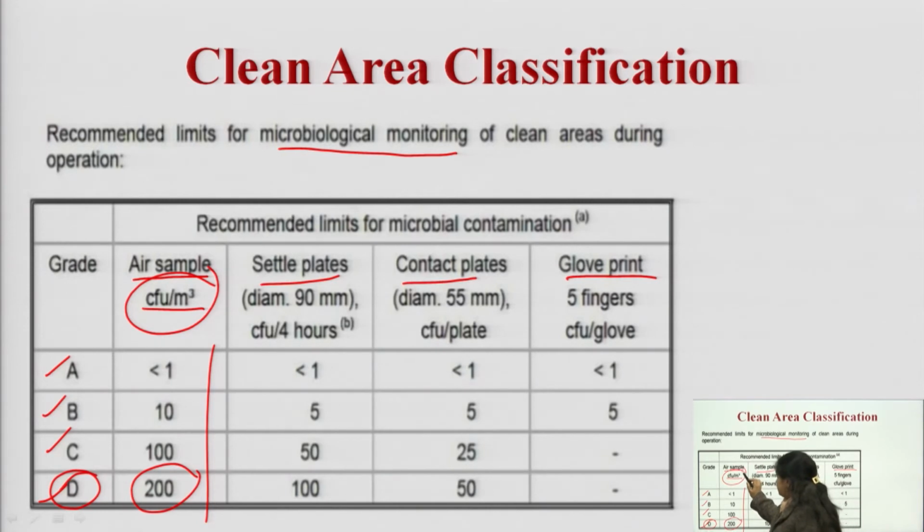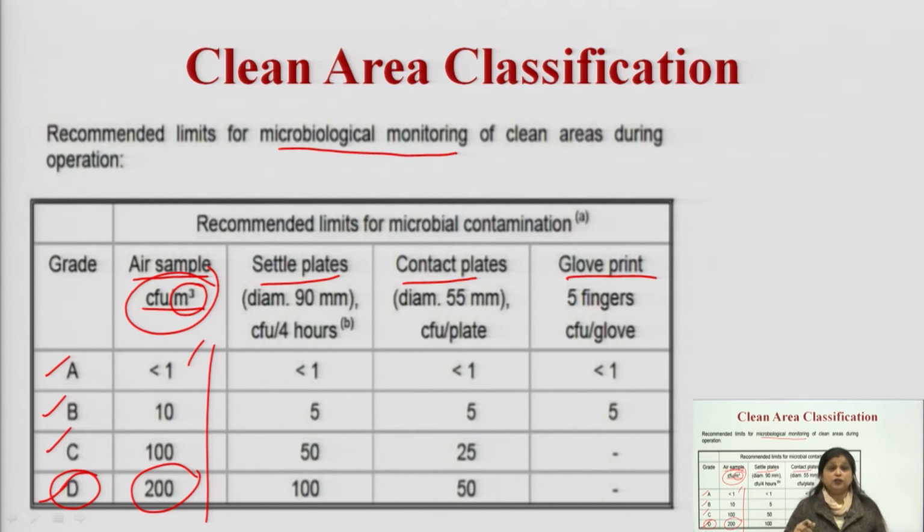Whatever samples have been collected from 1 metre cube area are inoculated in the media. After inoculation, we incubate, and after incubation we will see colonies form, and those colonies will be counted with the help of colony counters, and those specifications have been given here.